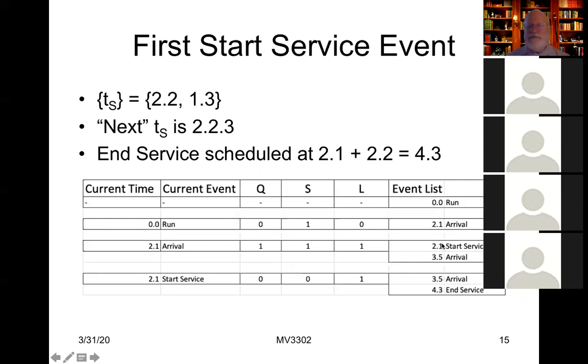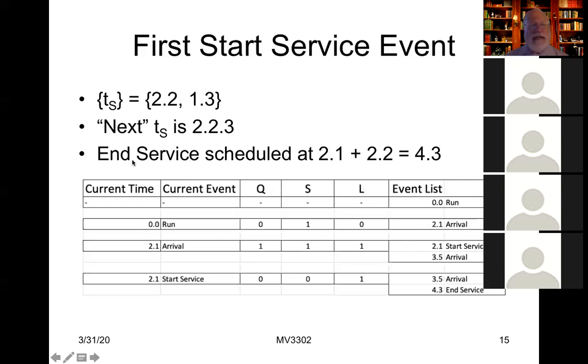We advance time to the next event, which is 2.1 start service. We perform its state transition, which, if you remember, is Q minus 1 and S is S minus 1. So now Q becomes 0 and S becomes 0. But L, if we apply the equation, is K minus Q plus K minus S plus Q. So K is 1 minus S 0 plus 0 is still 1.